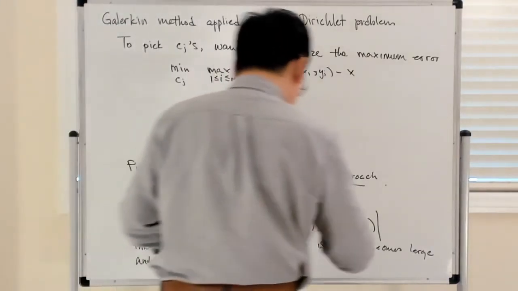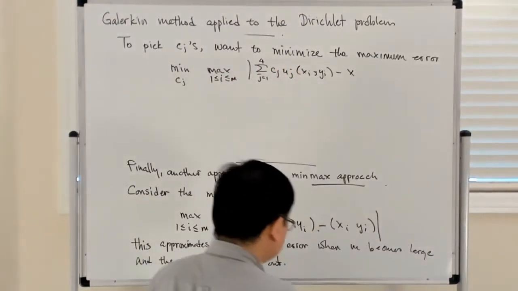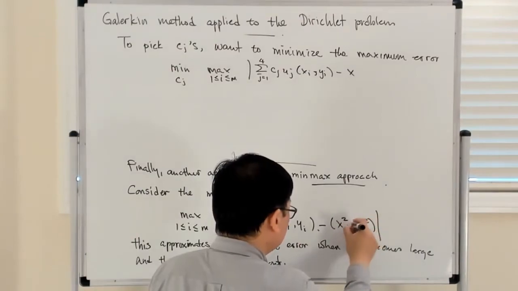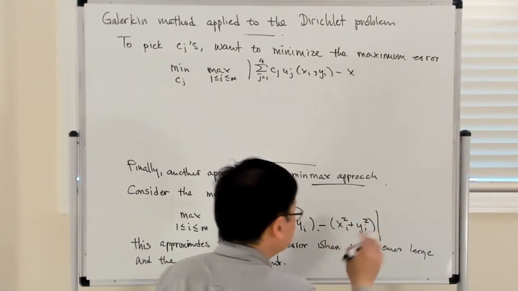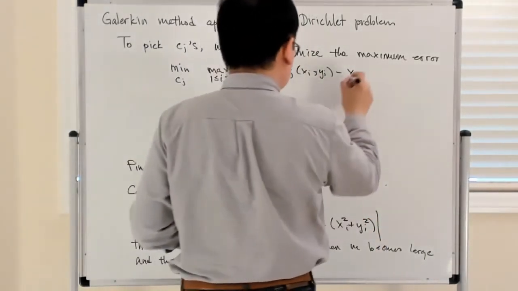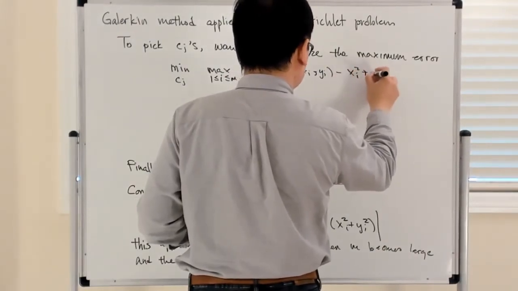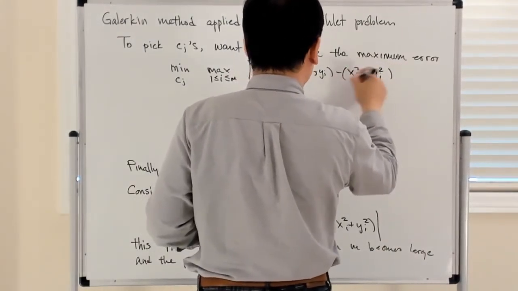Sorry, that's not what I wanted to say. I wanted xi squared, yi squared, so that's the boundary data, sorry. So xi squared plus yi squared.